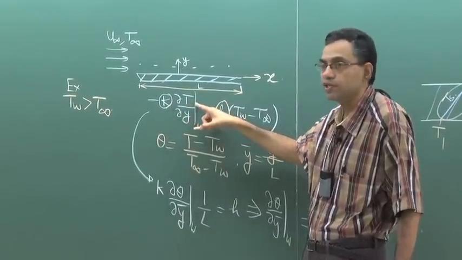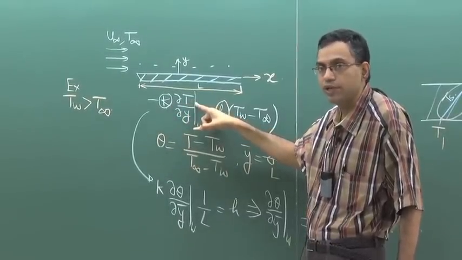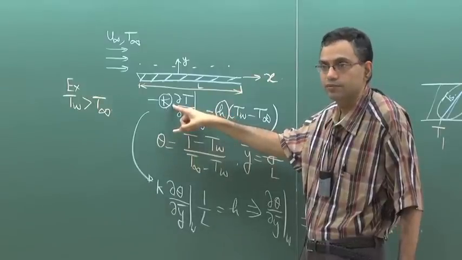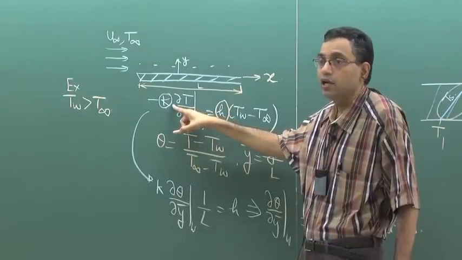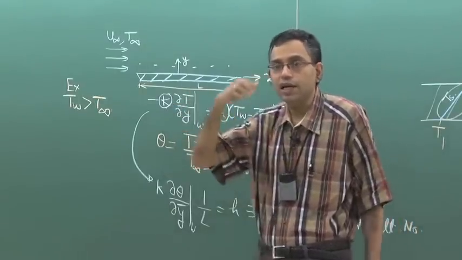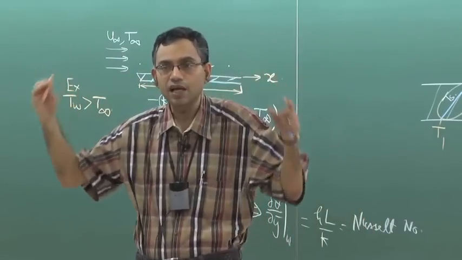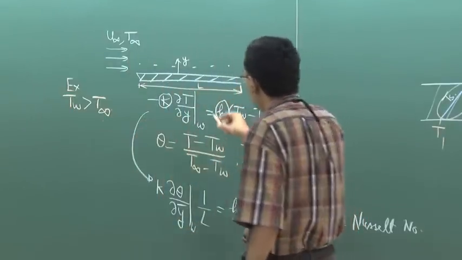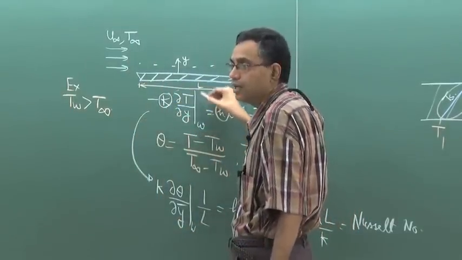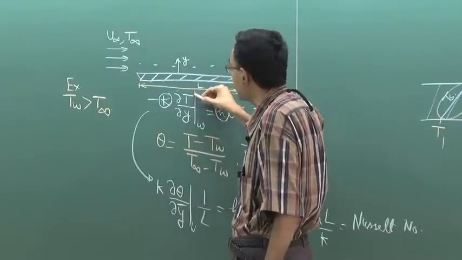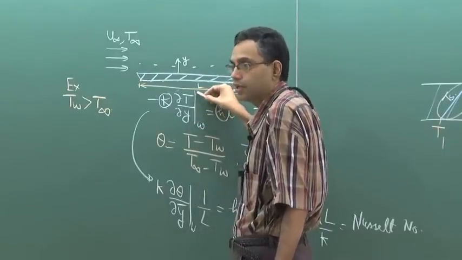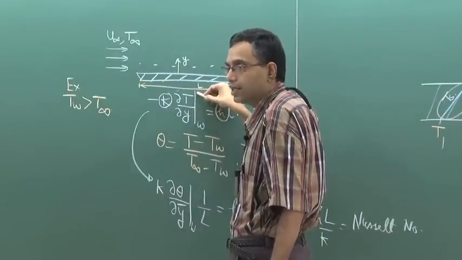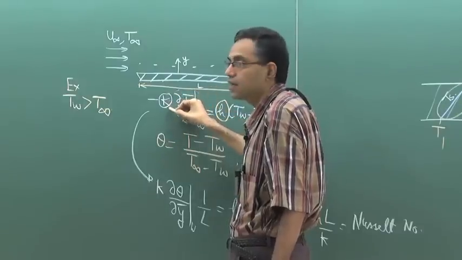If here you are using the temperature profile of fluid, it will be K of fluid. But in convective heat transfer, our domain of interest is the fluid domain. Therefore, we are interested to find out the temperature profile in the fluid and the temperature gradient in the fluid profile. So if we are interested to do that, that means this is K of fluid.